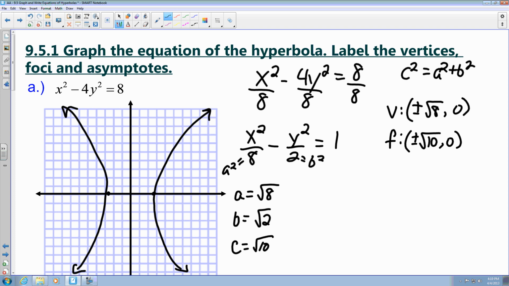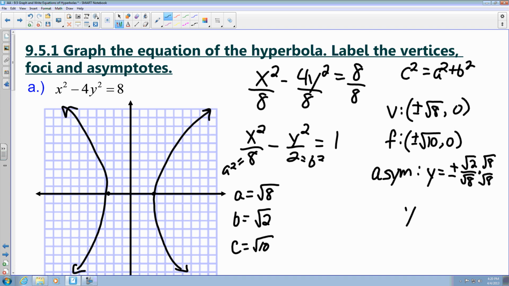Next, they want us to do the asymptotes. So the asymptotes for this case, because I know it's a horizontal hyperbola, it's going to be y equals plus or minus b over a. So it's going to be the square root of 2 divided by the square root of 8. Now, usually you don't keep the square roots in the denominator, so I'm going to multiply both sides by the square root of 8.